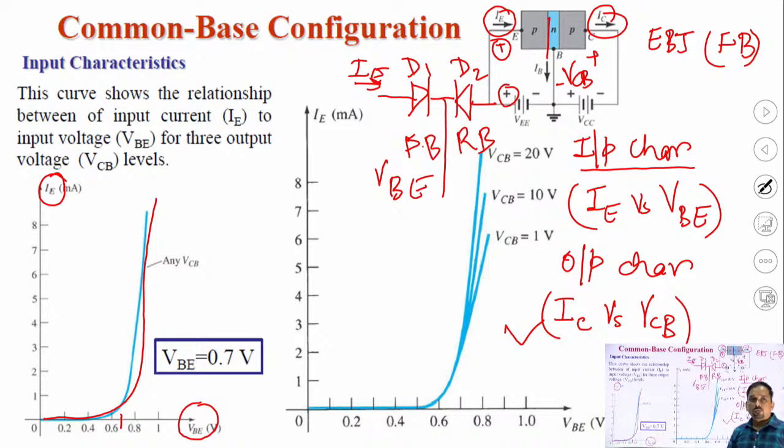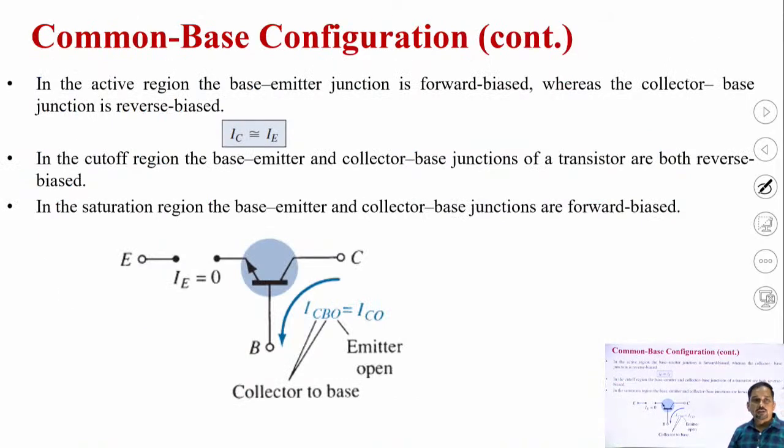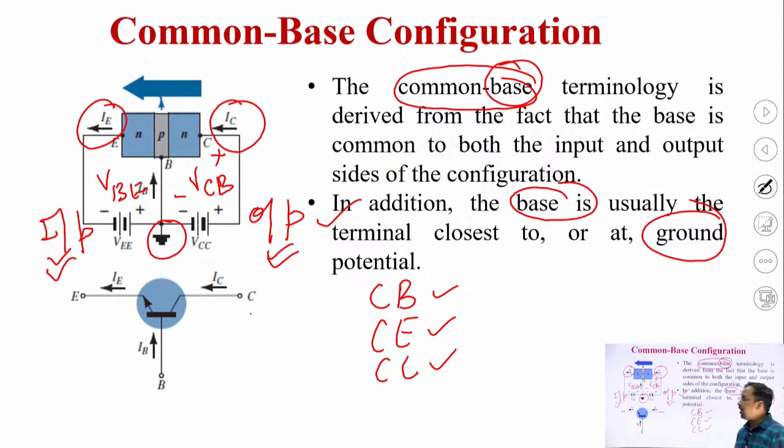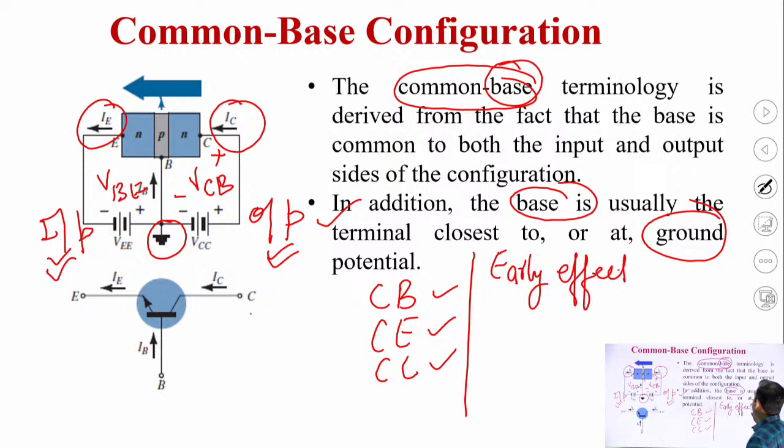Now before starting with the IE versus VBE curve for various values of VCB, means what is the effect on the characteristics if we are varying the collector to base voltage. We can understand here that there is an effect called the early effect.